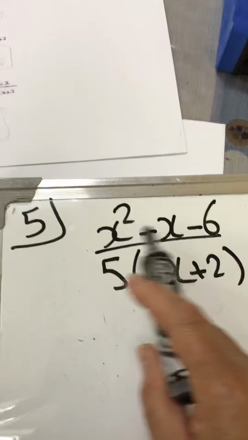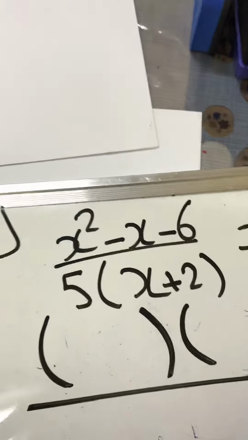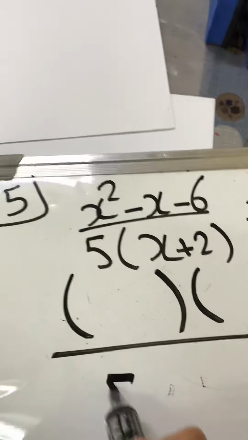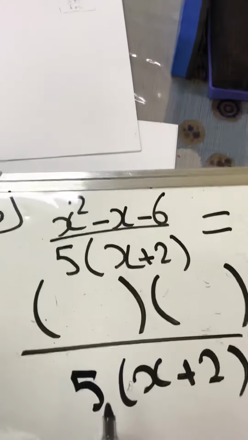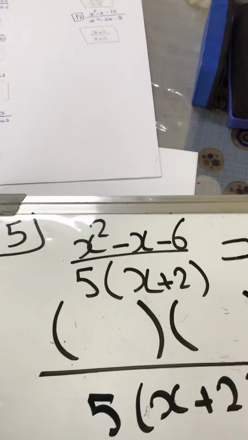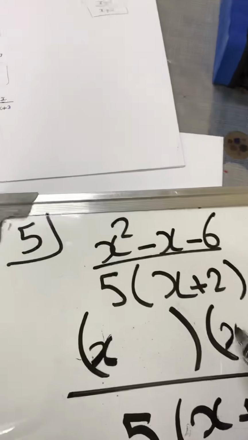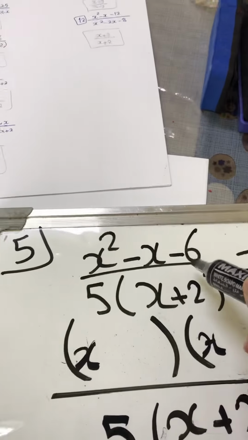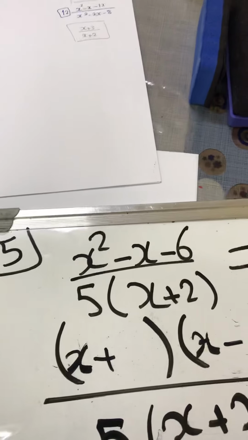Up we have 3 terms, so I'll open 2 brackets. Down I'll keep it the same because it's already factorized into 5 and the bracket x plus 2. For x squared, it will be x here and x there. The third term is negative, so I'll use a positive and a negative.